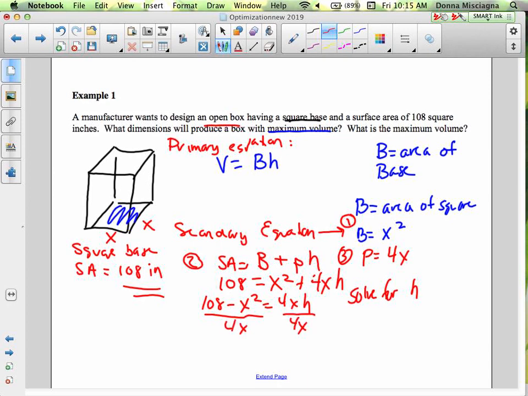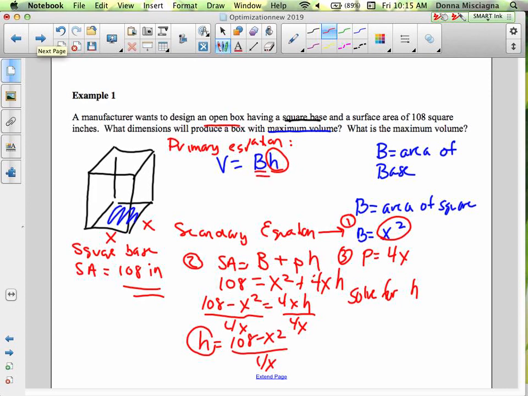I'm actually going to go to a second page on this, because I write too big. So h is 108 minus x squared, divided by 4x. We're going to take that h and replace it right here. We're going to take that x squared and replace it there, and we're down to one variable.